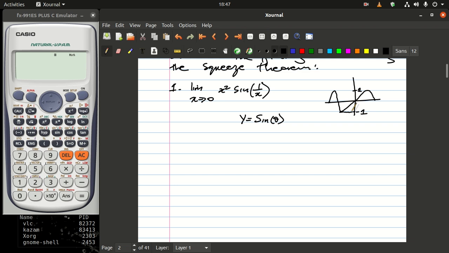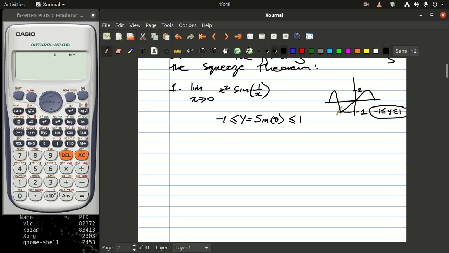So the range of this particular function is that -1 is always less than or equal to y, and y is always less than or equal to 1. So that is actually the range of this function. Whenever I have sine of theta, whatever value I get when plugging in a theta here, I will always get a value that is below or equal to 1 and above or equal to -1.